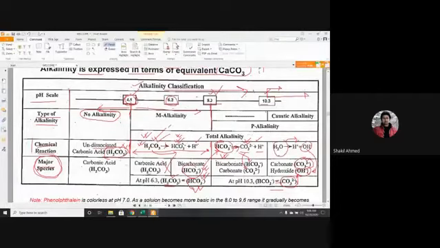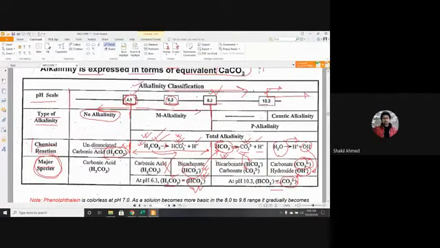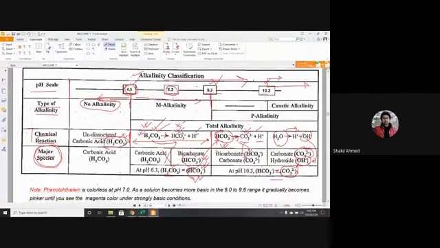Now, methyl orange alkalinity changes the color in this range, and phenolphthalein alkalinity, P alkalinity, changes the color at this range, 8.3.